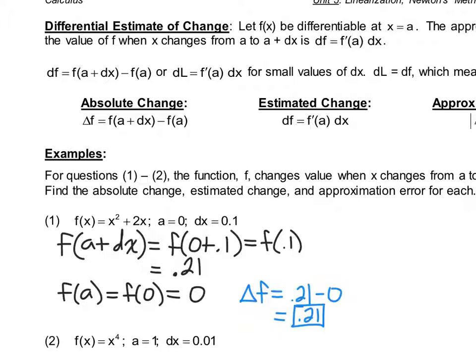So if we're looking at a graph of this, we're only looking at the graph that extends between 0 and 0.1. So actually I can show you that real quick. So x squared plus 2x.